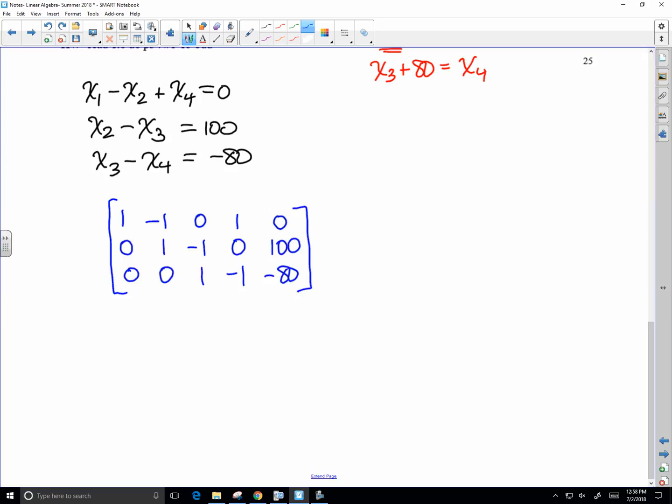Each row would start off with 0x1, and so on, all the way down the line. That would be a situation where we don't have any information about x1, but we do need to figure out what it is.